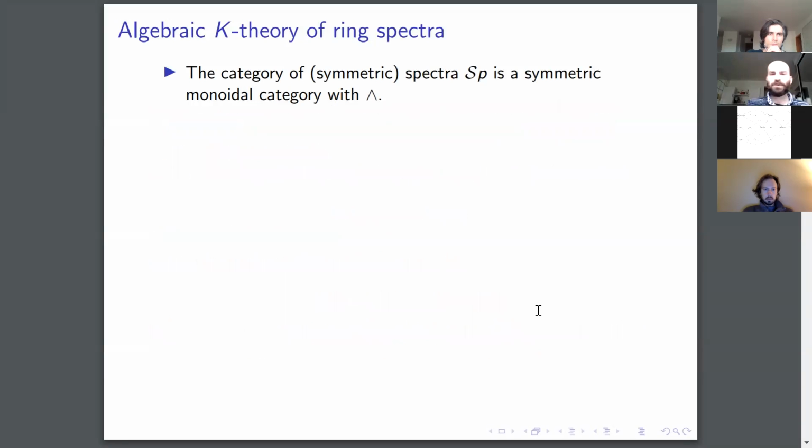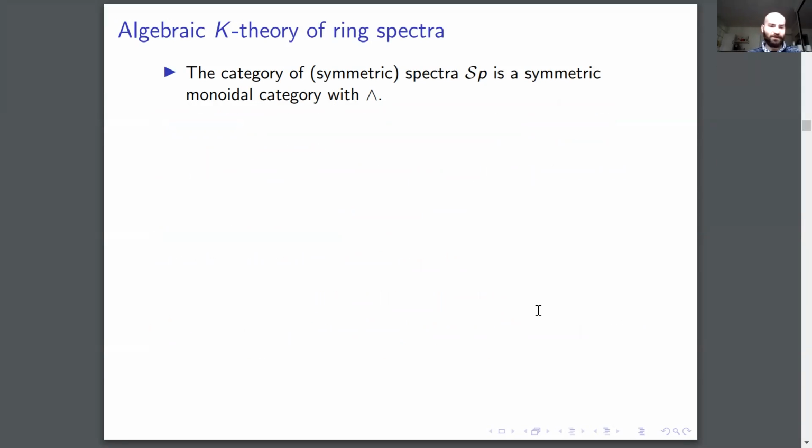Okay, so I said algebraic K-theory of ring spectra. And for the rest of the talk I will be working in this setting, because our main result is the algebraic K-theory of THH(F_p). THH(F_p) is a ring spectrum, right? And that's how we talk about its algebraic K-theory groups.